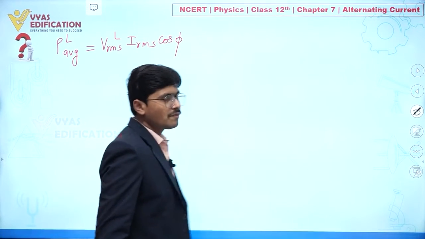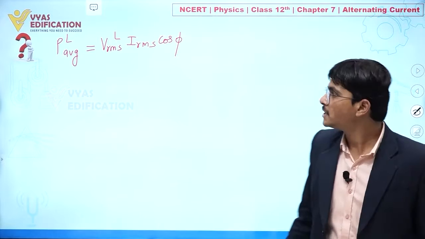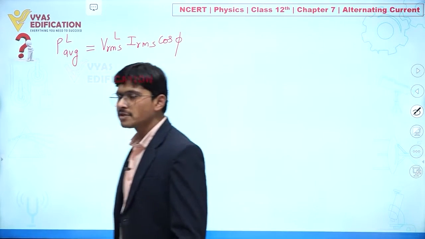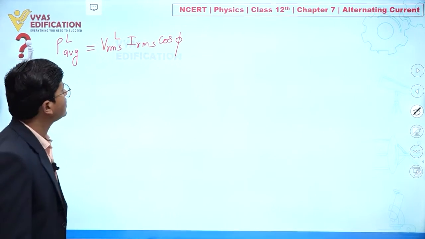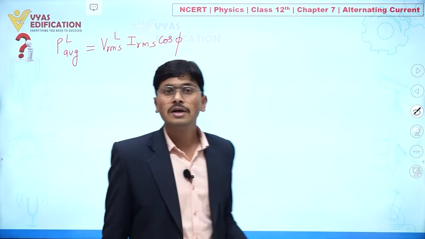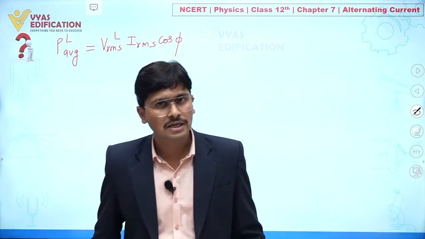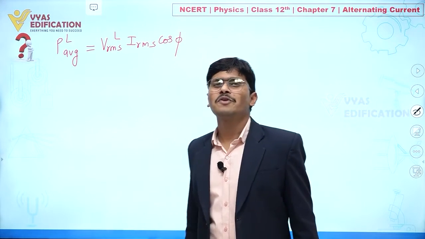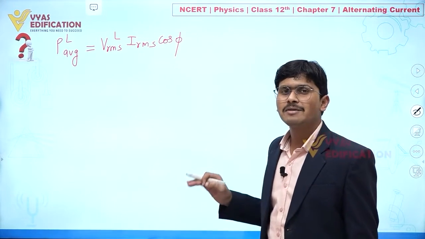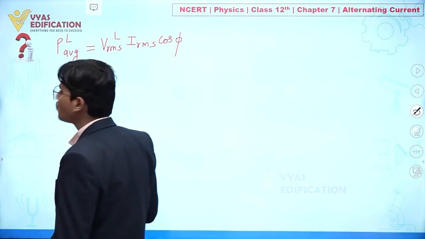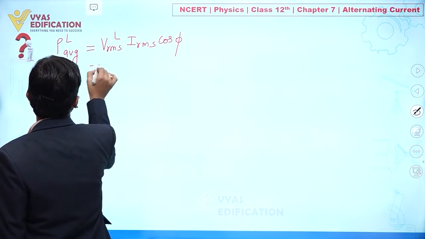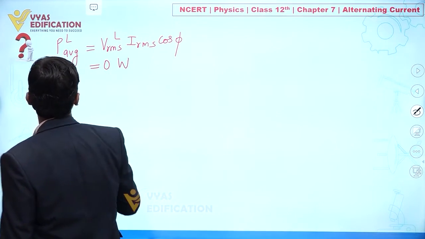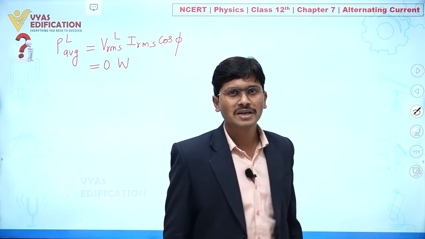So in the case of an inductor, again you will find a phase difference between the RMS voltage and IRMS. Whenever you have a pure inductive circuit, you always find voltage is leading current by angle pi by 2. Clear? So now this average power you are getting is 0 watt. Clear to everyone?